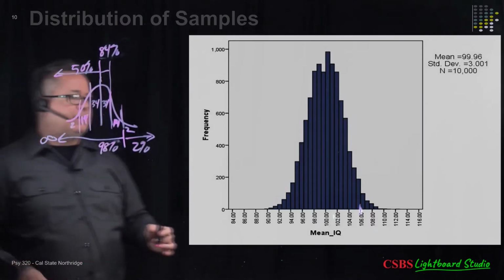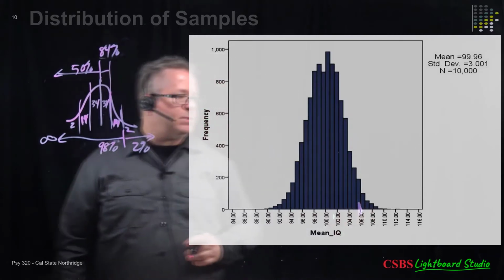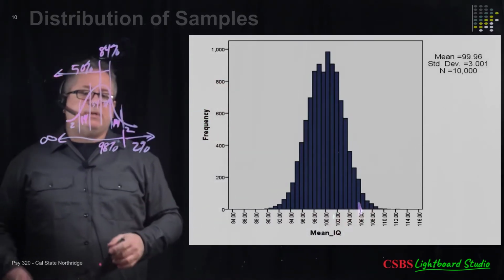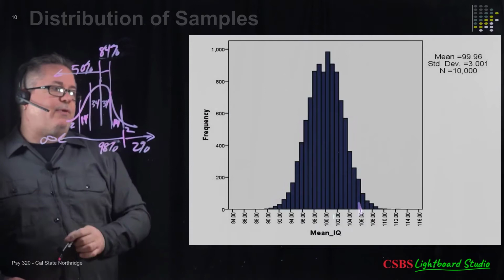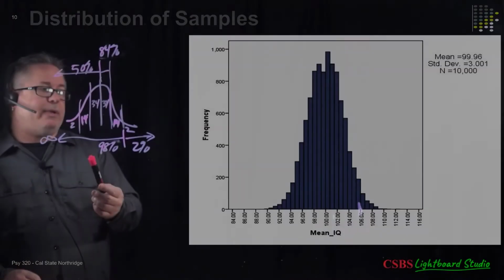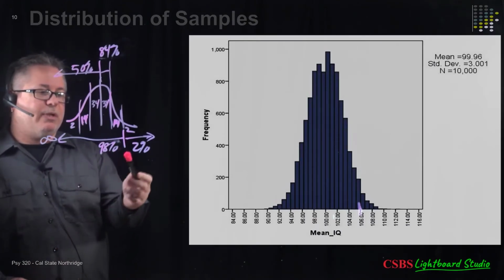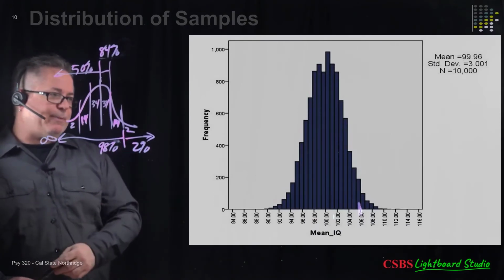So at 2 standard deviations is where our sample is, 106. That means 98% of other samples are less than ours. So 98% of samples are going to fall below it, and we're only going to get about 2% above.